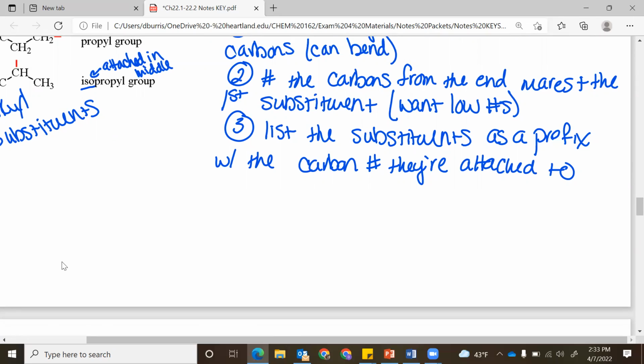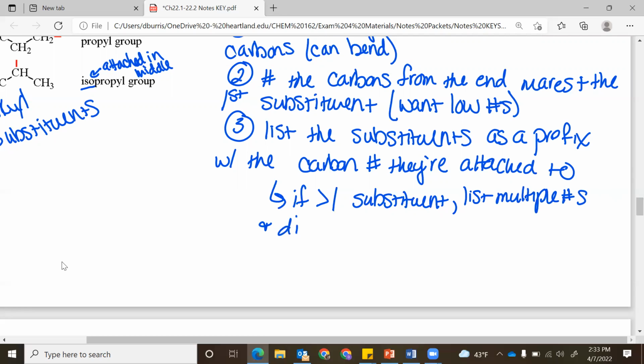If there's more than one of a kind of substituent, you have to list all the numbers of where they are. So if you have one on 2 and one on 3, you have to list both numbers. So if greater than one substituent, list multiple numbers.